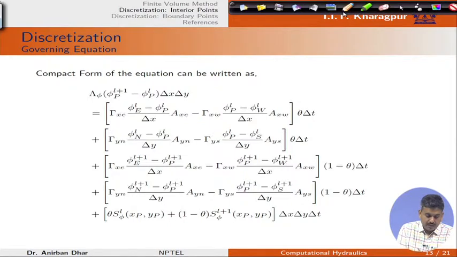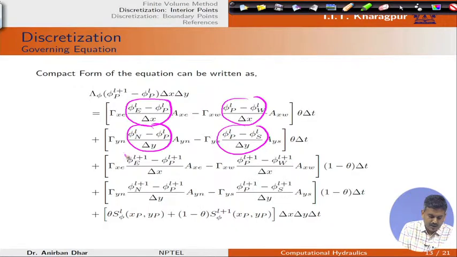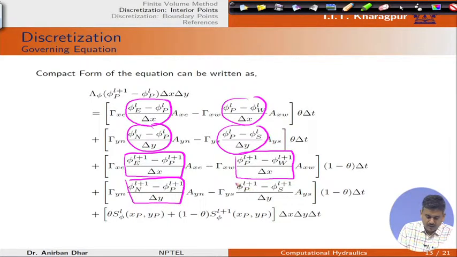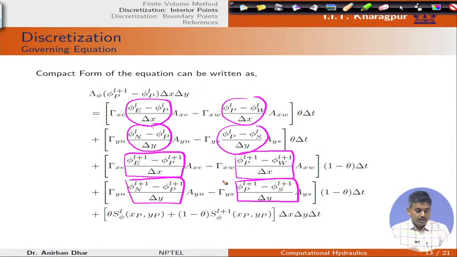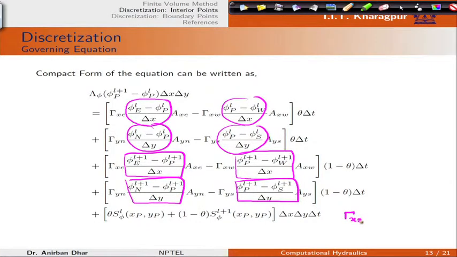So, with the spatial derivative evaluated at the present time level for these four and the future time level for this box form, we can now rearrange this with the consideration that gamma x e equals gamma x w equals gamma x, and gamma y n equals gamma y s equals gamma y.